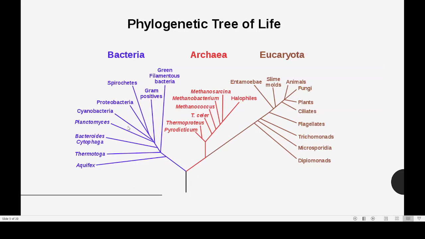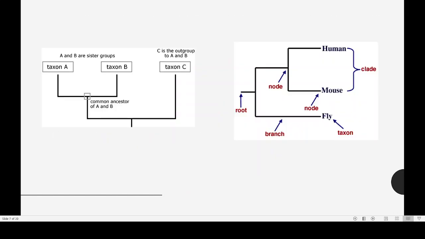For example, if you look here, you can see taxon A and taxon B, which we are considering as the sister groups. But here there is another species, which is taxon C or species C. We call species C an outgroup because it is not that closely related.